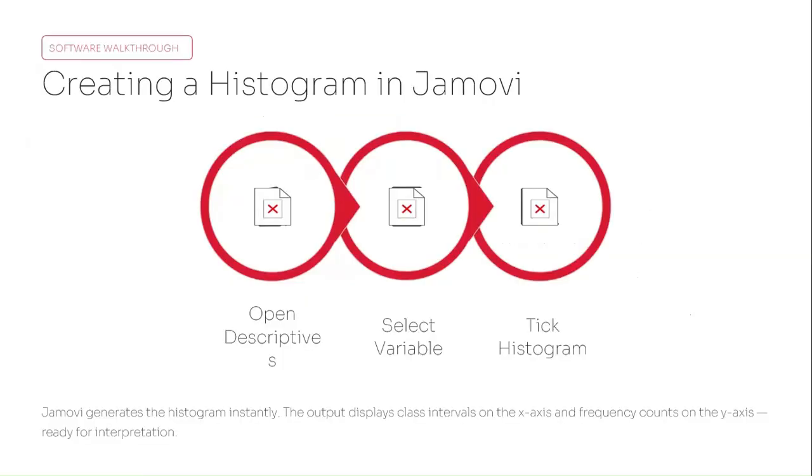In Jamovi, you can go to Descriptives, then select the variable, and then tick the histogram option. The software generates the histogram automatically. Focus is not on creation, but on interpretation.